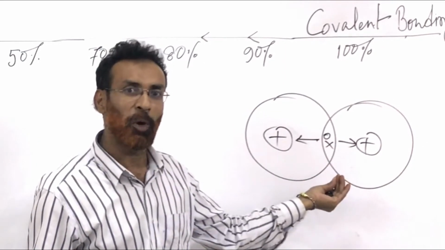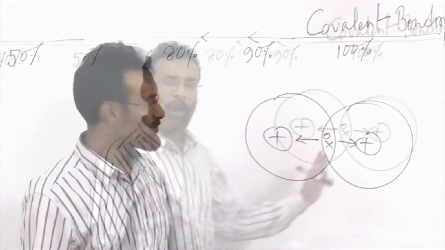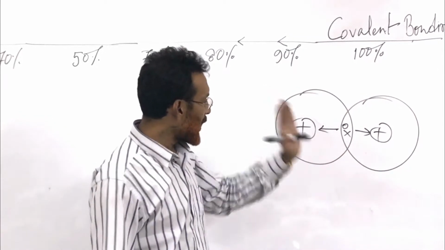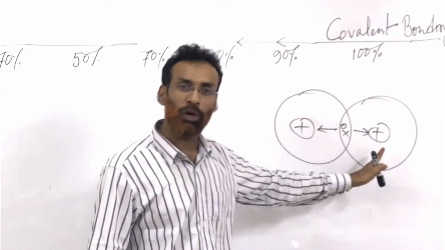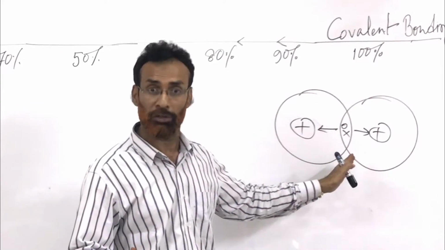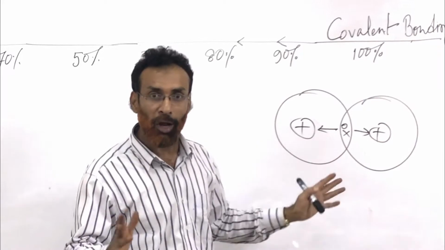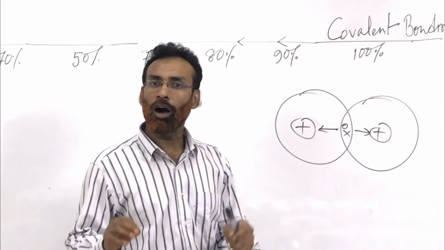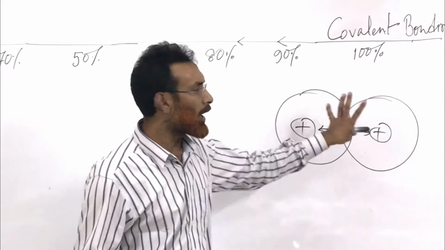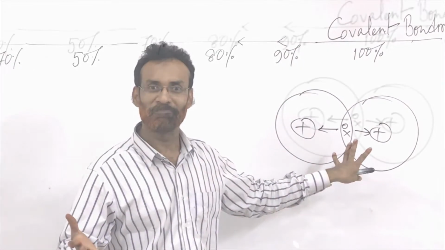This is a covalent bond. When you make a covalent bond with the same atoms, maybe this is a hydrogen atom and this is also a hydrogen atom, then the nuclei will attract the shared electrons equally, because both are the same element, that means they have the same nuclear charge and the size of the atoms are also the same.